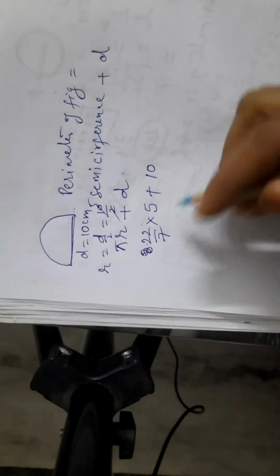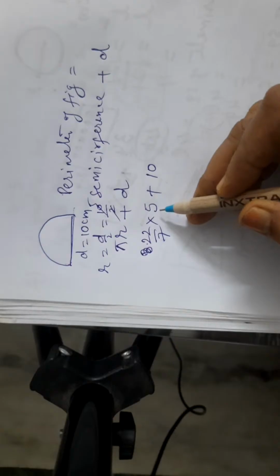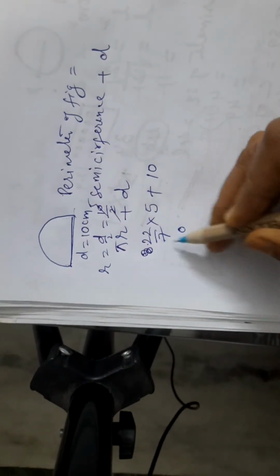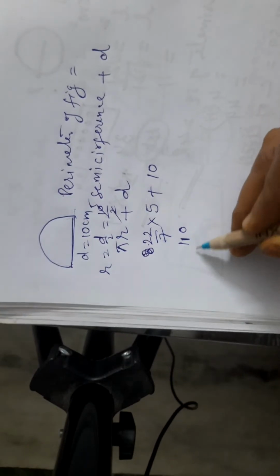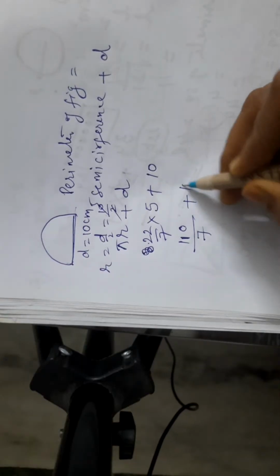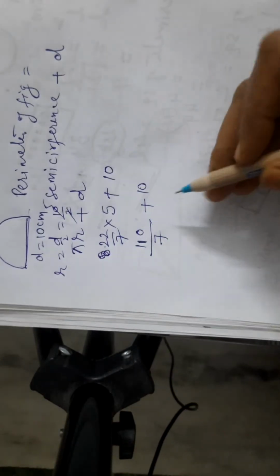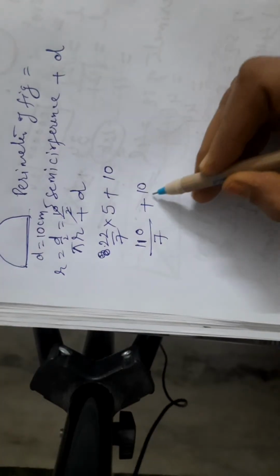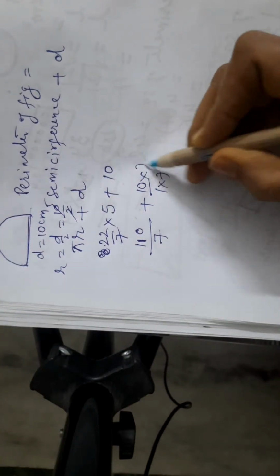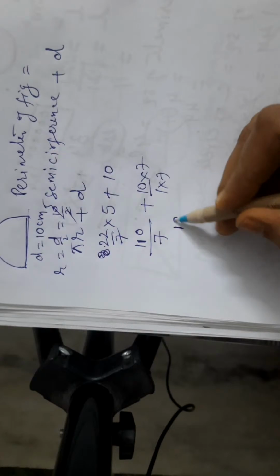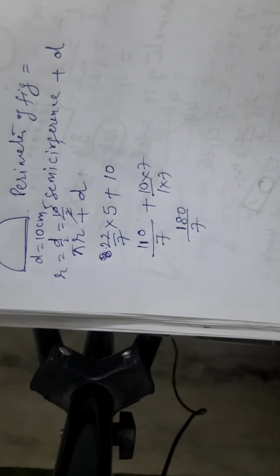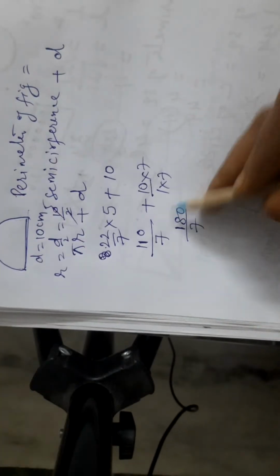So here 22 multiplied by 5 is 110, divided by 7, plus 10. Find the LCM of this. So the final answer is 180 divided by 7. You can divide and convert it to decimal, or you can leave it as a fraction.